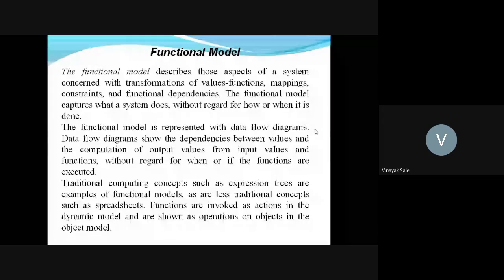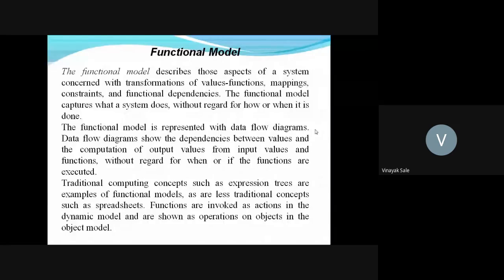The functional model is represented with data flow diagrams, which show the dependencies between the values and the computation of outputs from the input values and the functions, without regard for when or if the functions are executed.